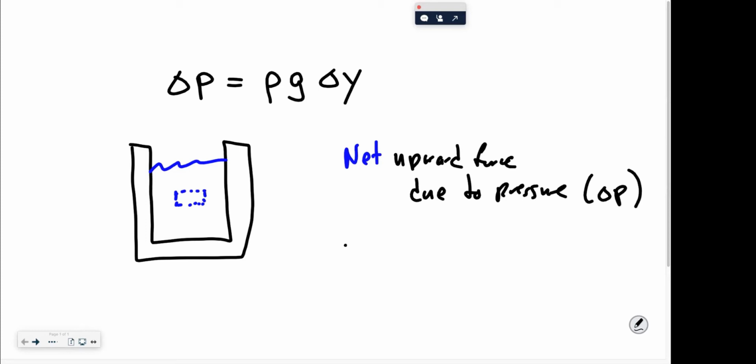The net downward force, and I'm talking about mg of the volume itself, will not necessarily be the same because m won't necessarily be the same.